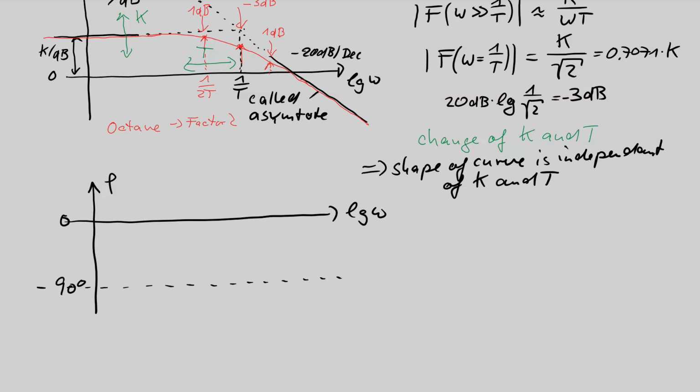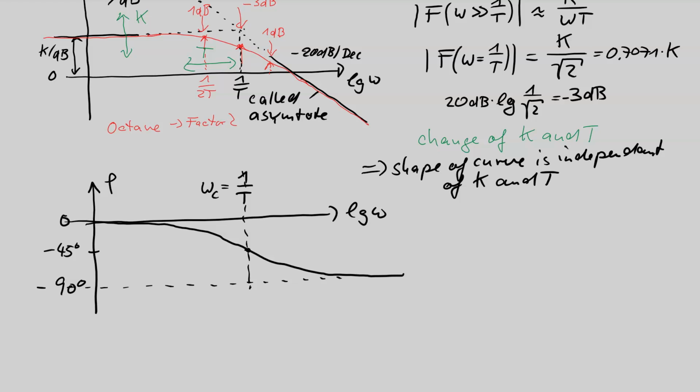We can say at 1 over t we have the value of negative 45 degrees, and the phase curve looks similar to this. Here we have a decrease and then approaching the final value. This curve has a symmetry point here, a symmetrical behavior in a logarithmic diagram.